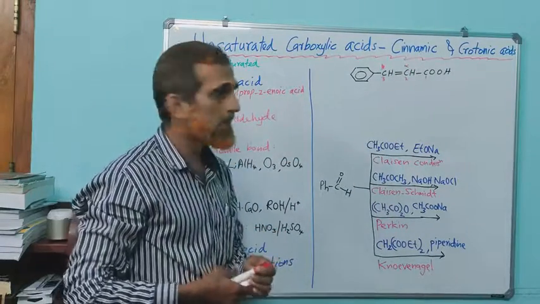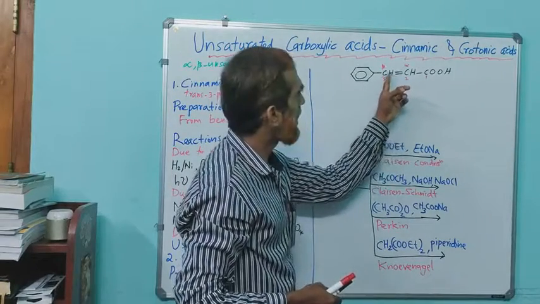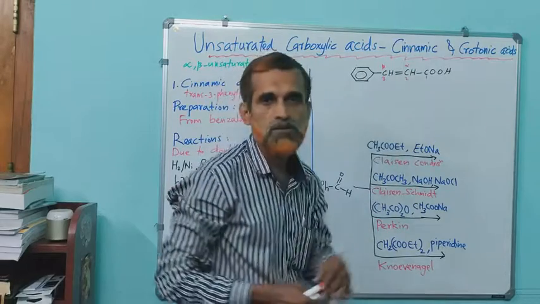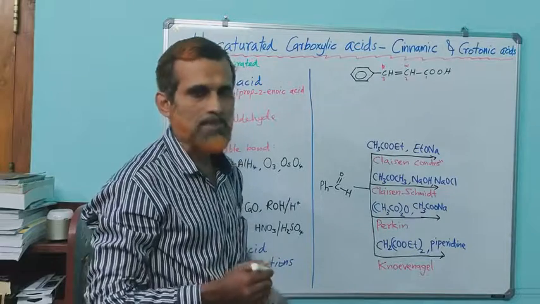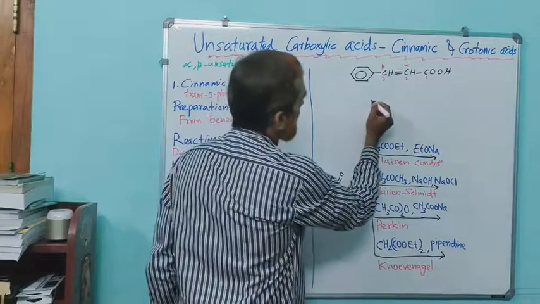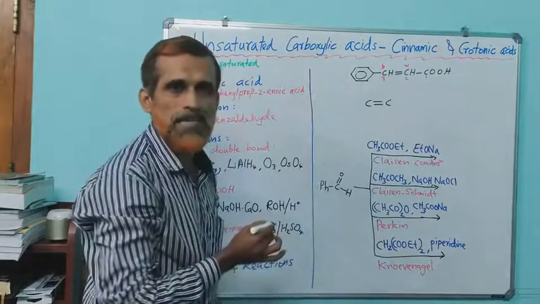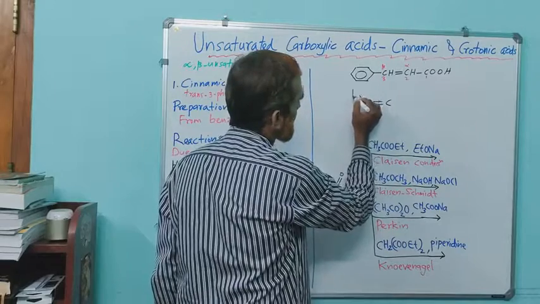Now, due to the presence of this double bond, and you see that each carbon carries different groups, it can exhibit geometrical or cis-trans isomers. So the question is, which isomer is cinnamic acid and crotonic acid? You can guess.